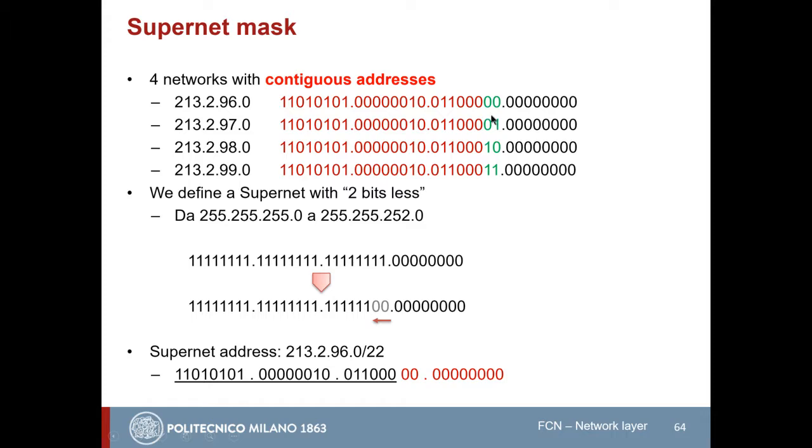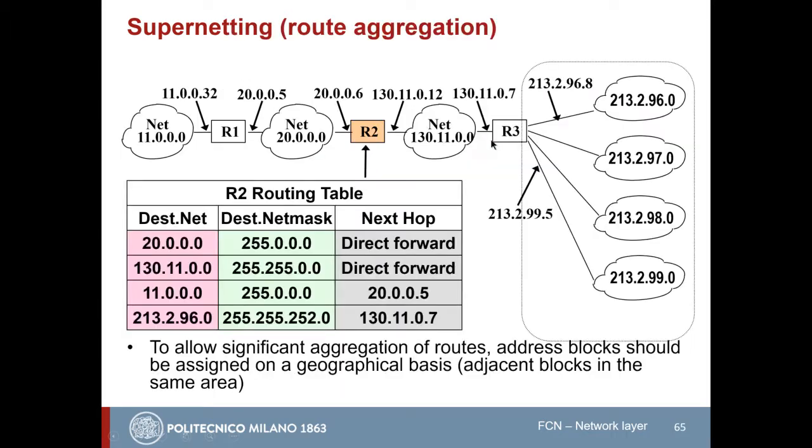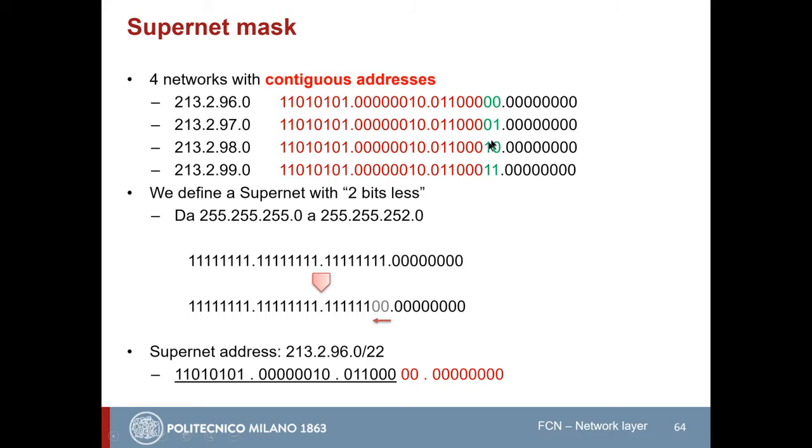The last 2 bits of the 3rd byte are different, so we can aggregate them by shortening the net mask by 2 bits. This was the original net mask with 3 bytes of network prefix and last byte of host ID. So we can now use the net mask which is 255.255.252. We have shortened it by 2 bits.